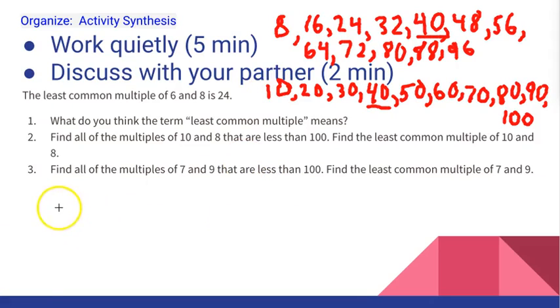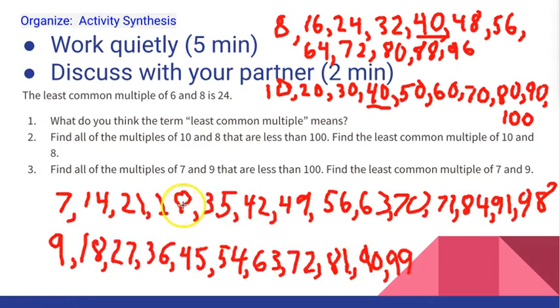What about multiples for 7 and 9? What is the least common multiple there? So for 7 and 9, these are all the possible multiples. If we look for the least common multiple between them, it's not looking pretty.